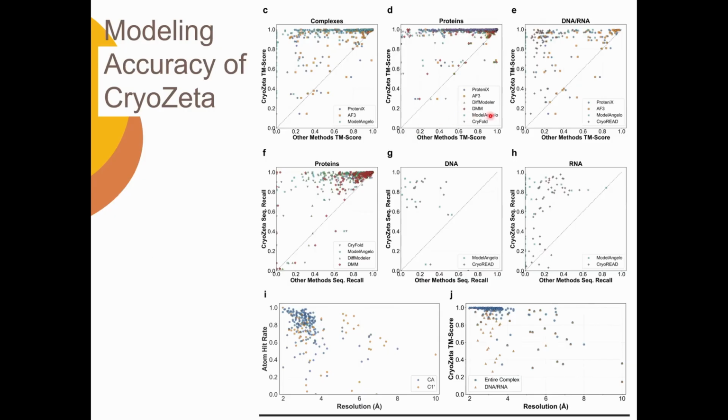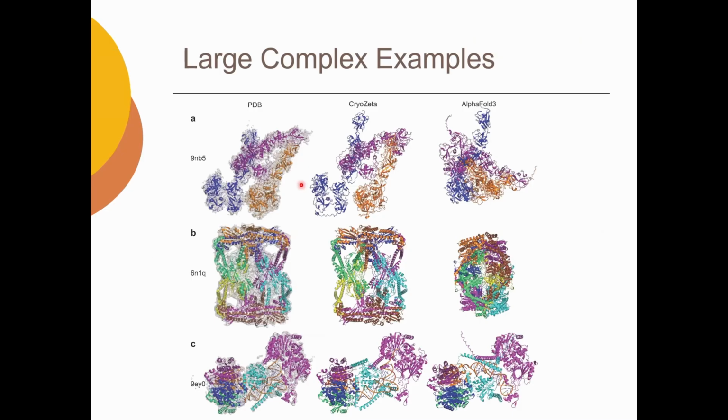DMM is DeepMainmast, our earlier method. Compared to those methods, CryoZeta performs much better in many resolution ranges. This is a direct comparison between CryoZeta and AlphaFold 3. AlphaFold 3, in large complexes, often predicts individual pieces correctly but forms more compact structures like this.